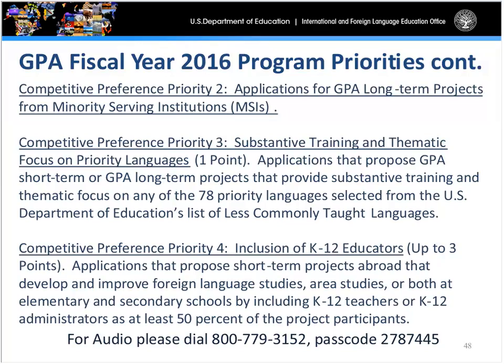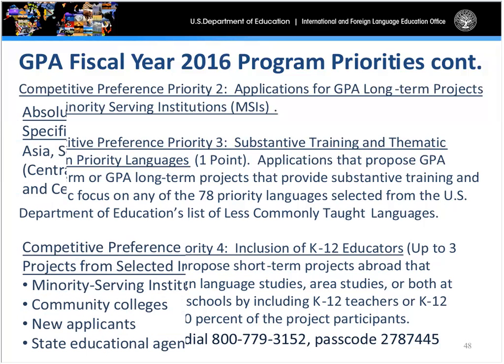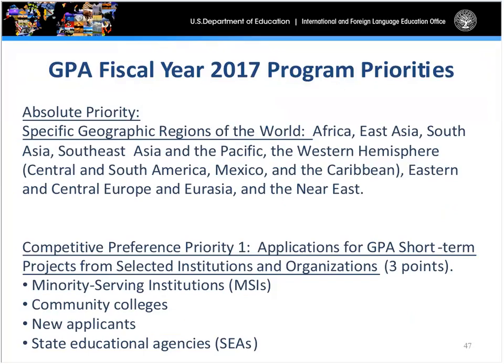But to start, just know, specifically as it relates to the absolute priority, obviously every area that you see listed on that slide, and I'll go back just so you'll see it. So every area here, as Danielle mentioned: Africa, East Asia, South Asia, Southeast Asia and the Pacific, Western Hemisphere, Eastern and Central Europe and Eurasia, and the Near East.